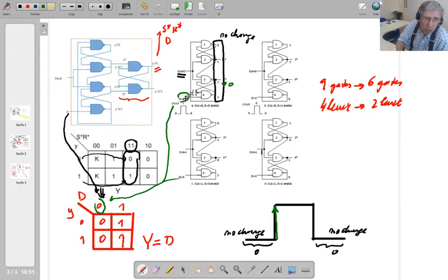Because 0, whatever the other input is, that's going to be 1, isn't it? No change here means the feedback comes here from that 1, that keeps that 0 as 0. No change here, no change here, but there is a change here. It was 1, it became 0. It happened in this case, like here.